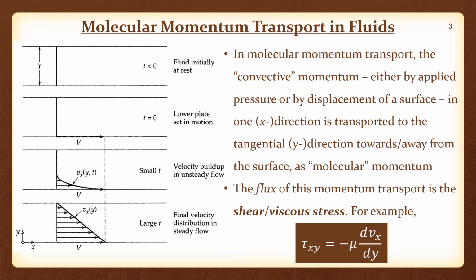So naturally, the magnitude of this velocity gradient should in turn indicate the magnitude of the molecular momentum flux in the y direction. These two quantities have to be related, and the relationship that is given is Newton's law of viscosity. The proportionality constant is the negative sign of viscosity, because the nature of this molecular momentum transport is to retard the motion of the fluid.